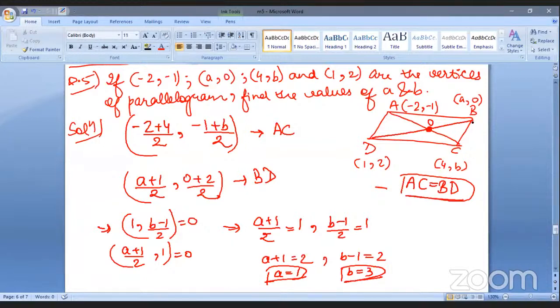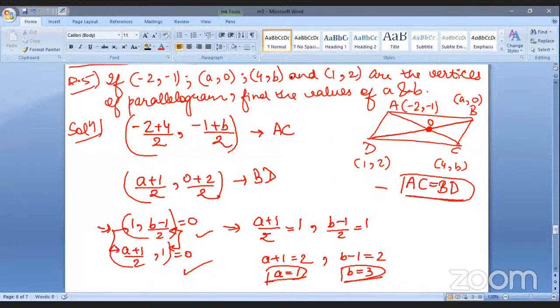By finding a relationship between BD and AC and equating them, we get two things simultaneously. So we can equate these two and these two in order to find the values of A and B.